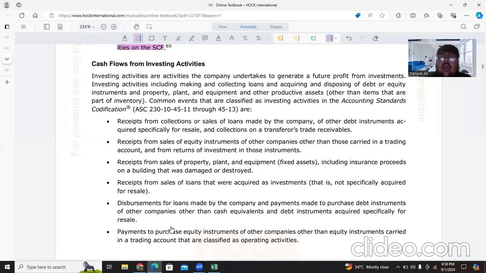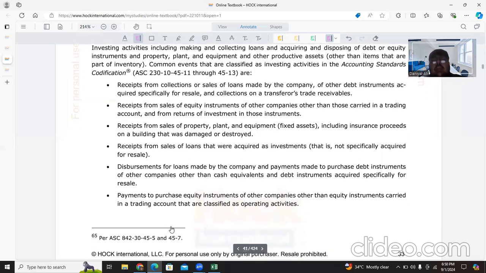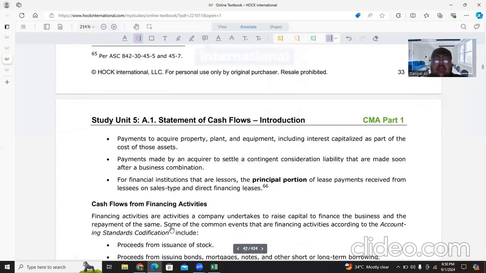Cash outflow means you purchase equity instruments of other companies. You purchase equity instruments of a third company or of a subsidiary as part of a business combination, and that should be shown in your investing activities. You have a payment for land purchases, which should be shown here. It says payment to acquire property, plant and equipment, including interest capitalized as a part of those assets. Interest capitalized means your borrowing cost.